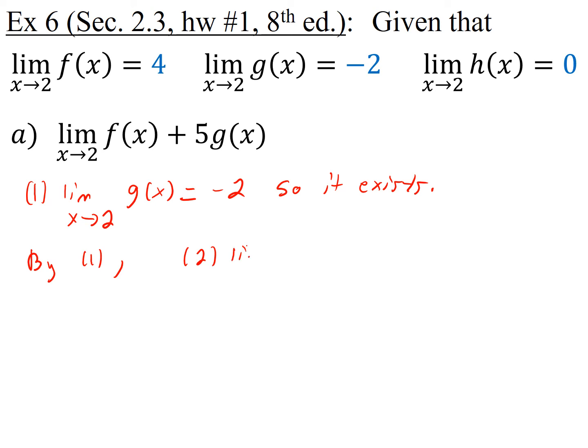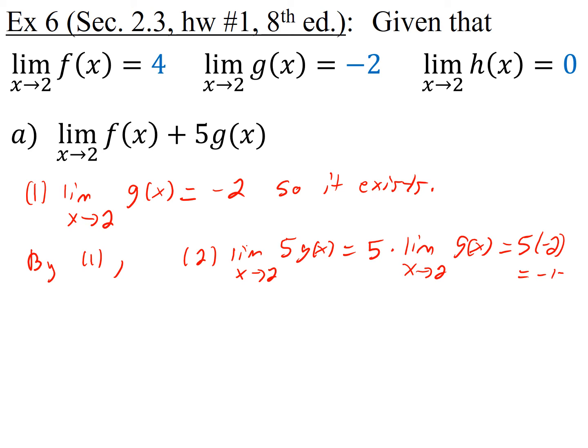The limit as x goes to 2 of 5g. Remember, when there's a number in the front, the limit law says you copy the number down and take the limit of the rest, as long as the limit of the rest exists. And it does, because I just showed it in the previous step. So it's 5 times negative 2. So it's negative 10. So it exists. Okay, so we have the limit of 5g existing.